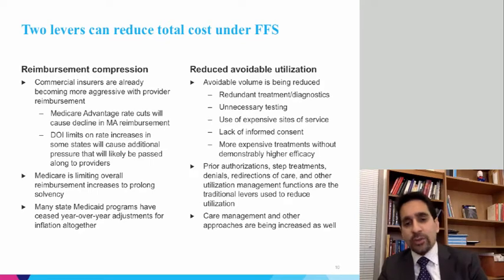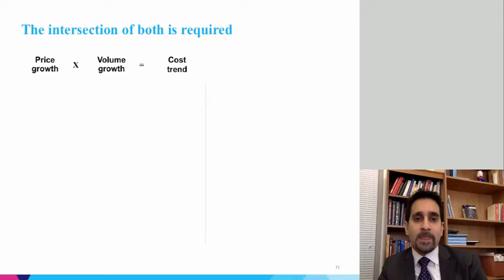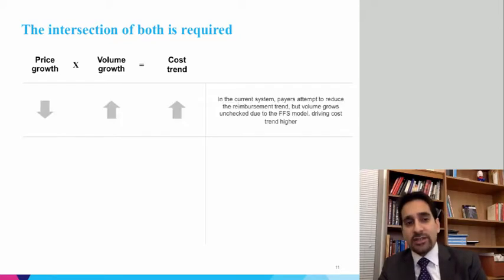But there are also other approaches around care management and overall population health management efforts, which we'll talk about shortly, that are being increased to reduce this volume. But the intersection of both of these is actually required to change the cost trend.